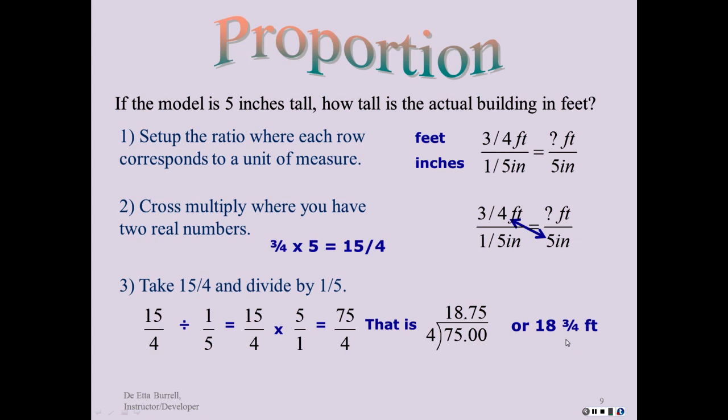Or when you divided it, you'd have 3 left over, and then you just write it as 3 over 4. I just wanted to show you that they're both the same. One's in fractional form, one's in decimal form. And personally, for this type of problem, the fractional form is a little bit more accurate because it has to do with customary measures. So I would have used the answer 18 3/4, but I know a bunch of you like to use decimals. They mean the same thing.